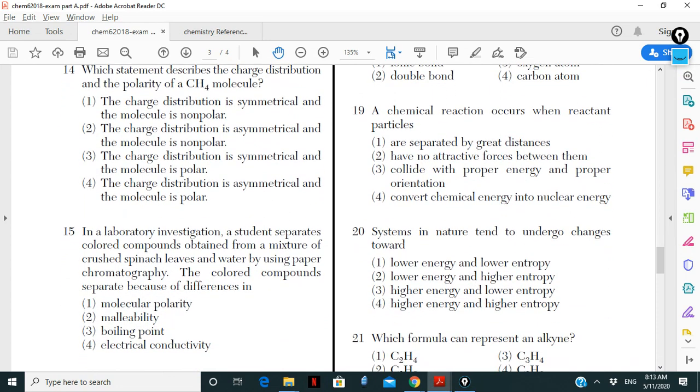A chemical reaction occurs when reactant particles are separated by great distance, have no attraction force between them, collide with proper energy and proper orientation. That's the collision theory. To have a reaction, you have to break bonds and create new bonds. For that, you should have a proper collision and a proper orientation. Why proper orientation? So you're sure that the two proper elements are going to connect together. So the answer is going to be 3.